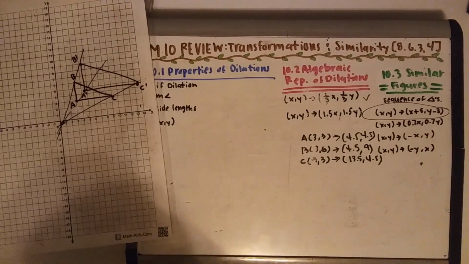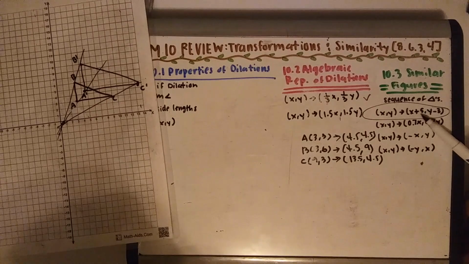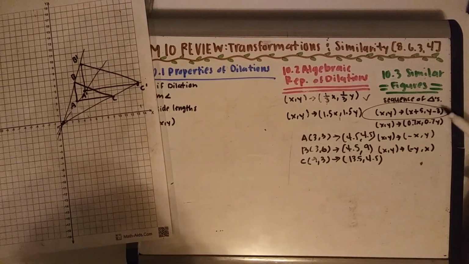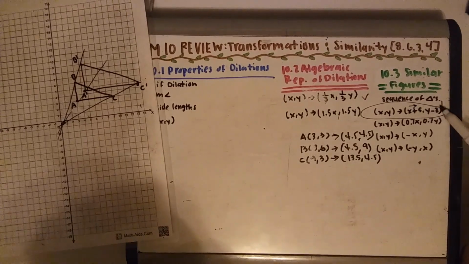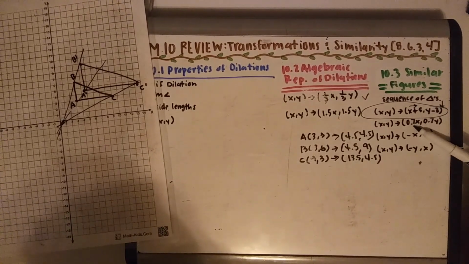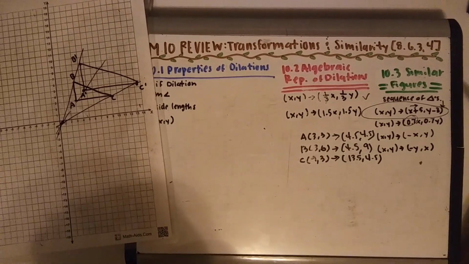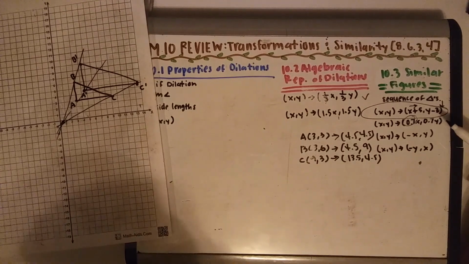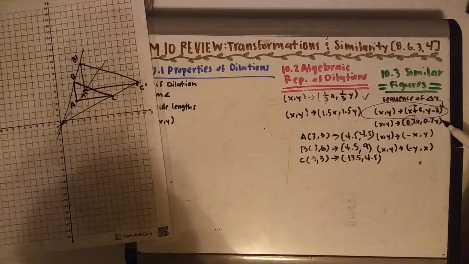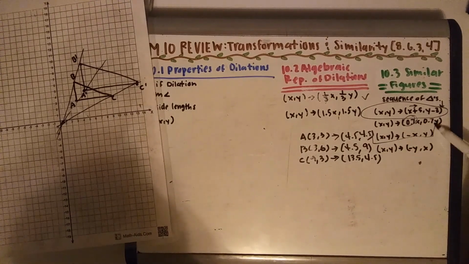What happened here, you're gonna say it was translated, so the shape was moved 5 units up, and 5 units to the right, and then 3 units down, okay? And then what happened here, you reduced it by having the scale factor of 7/10, okay? So it shrunk. So that's a dilation, translation, dilation.